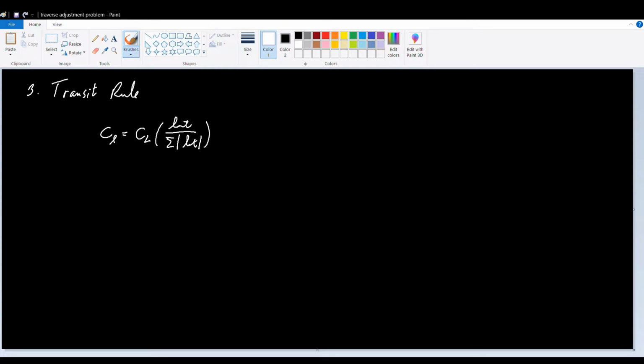Now, this denominator is the same as getting the sum of the north latitudes and subtracting the sum of the south latitudes. Because we know that the south latitude is negative, so in other words, we are just getting the sum of the absolute values of the latitudes.